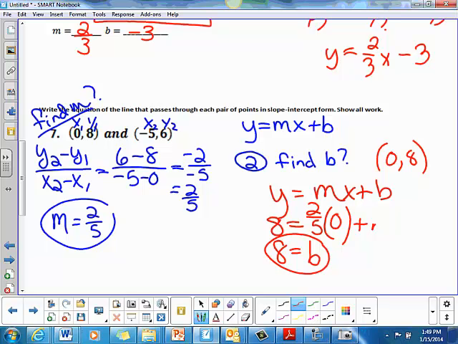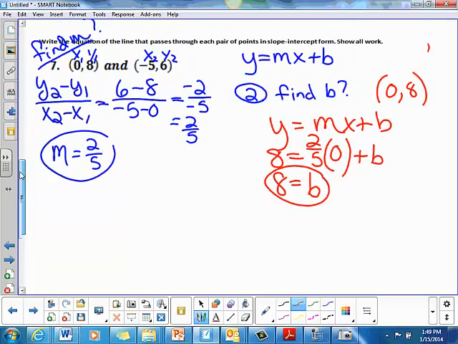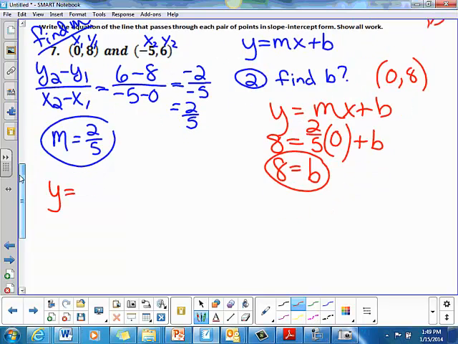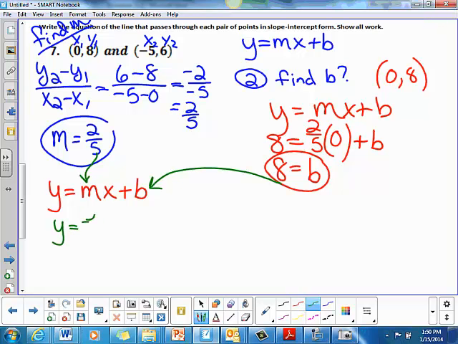So the first thing I have to do is find slope. Then I have to find b, and now all I have to do is write y equals mx plus b using this for m and that for b. So what's my equation going to be? Georgine. y equals 2 over 5x plus 8.